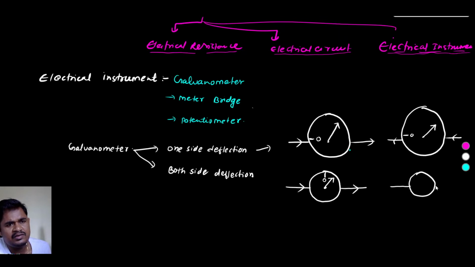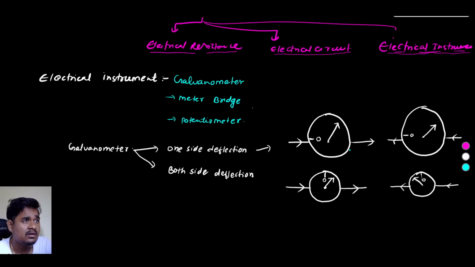When the current is changing or reversing its direction, then it is deflected in this direction. It shows that the current is in reverse order. So this is how your galvanometer works: one side deflection, both side deflection. In both side deflection, you will get the direction and magnitude of current both together. In one side deflection, you will get only the magnitude of the current flowing through the circuit. It will not give you the direction.